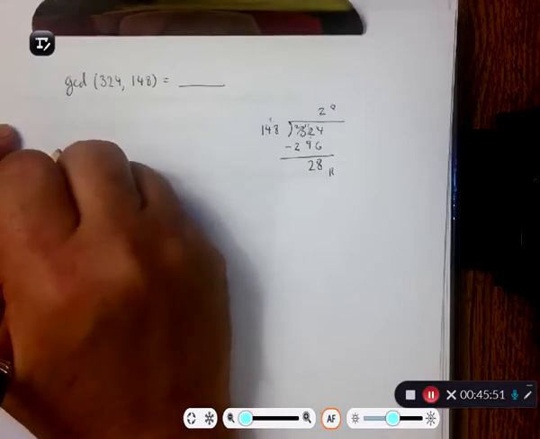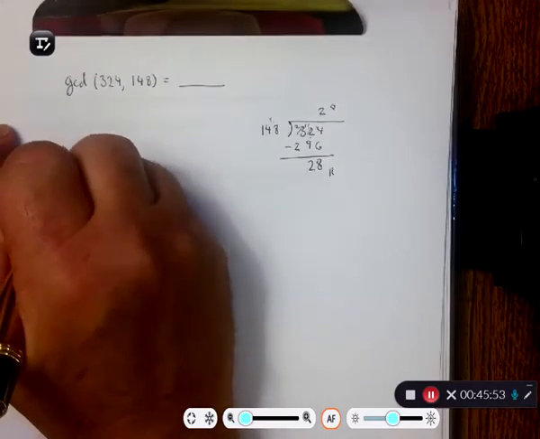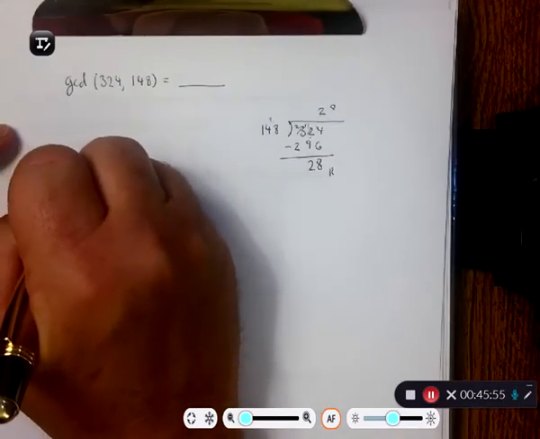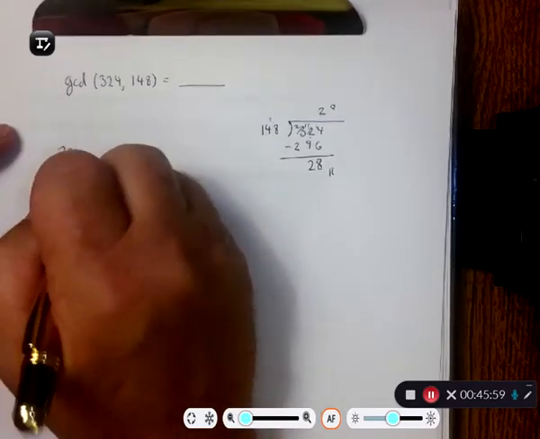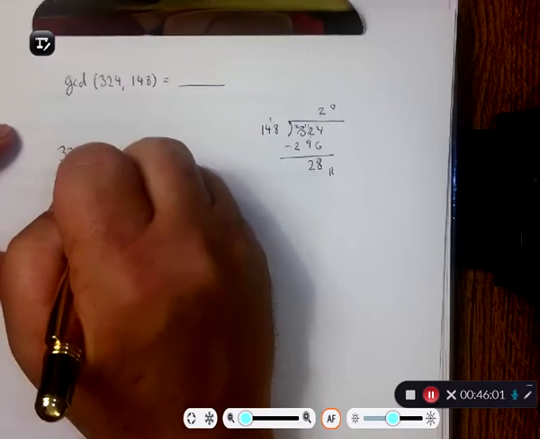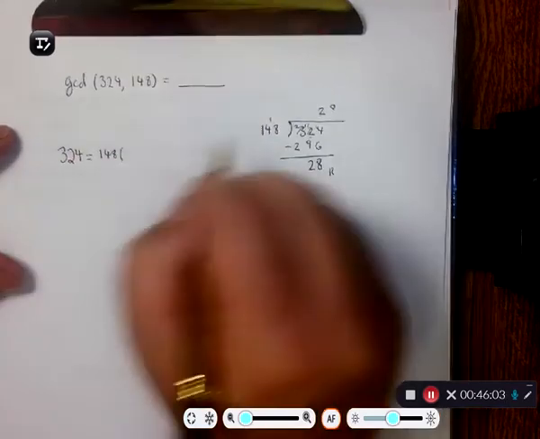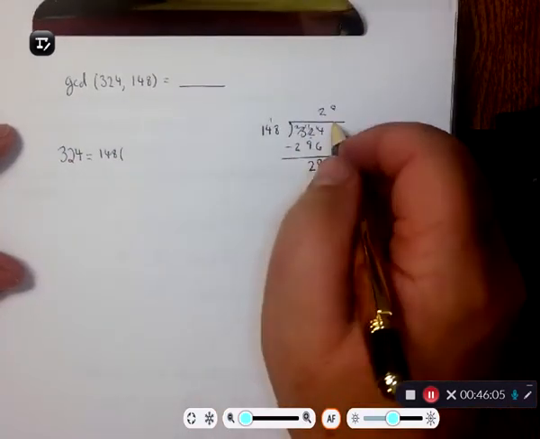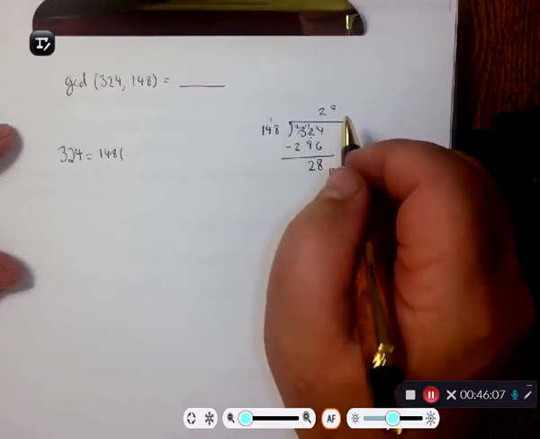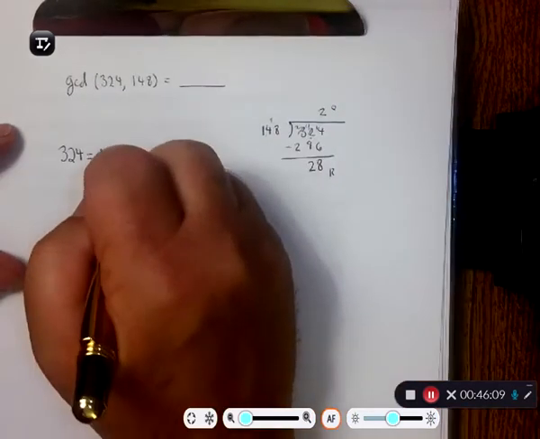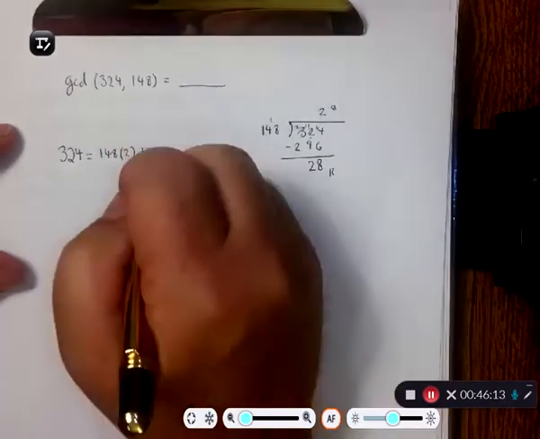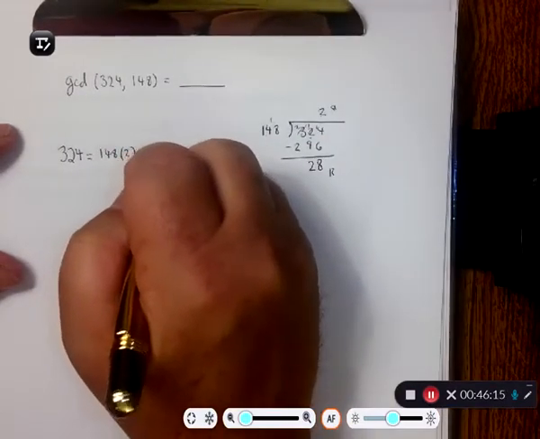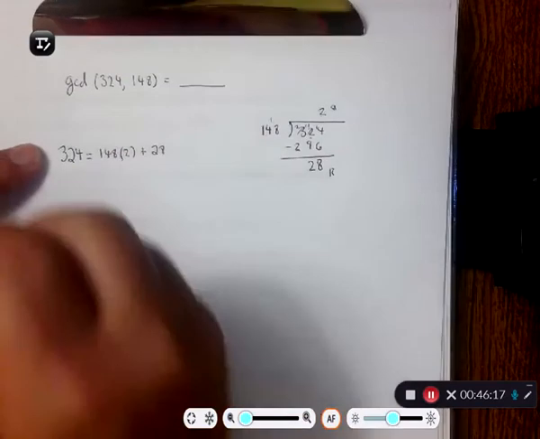So from the Euclidean algorithm, division algorithm, excuse me, 324 is equal to 148 times 2 plus the remainder of 28. And again, this is from the division algorithm.